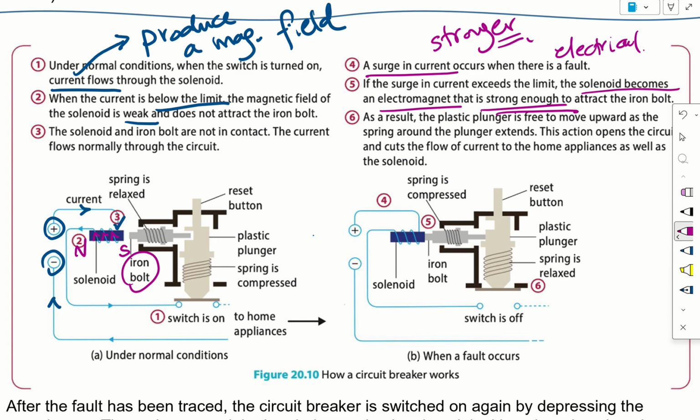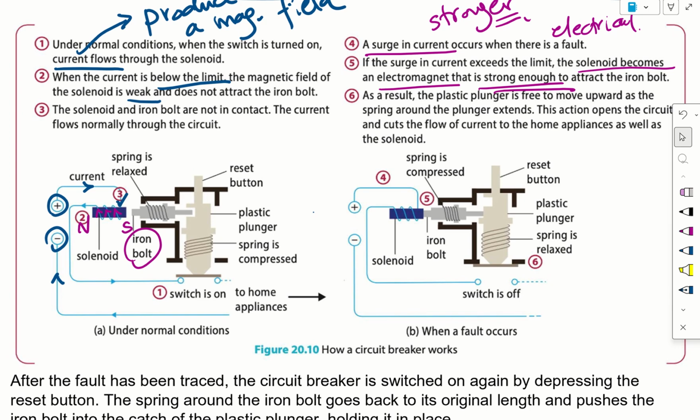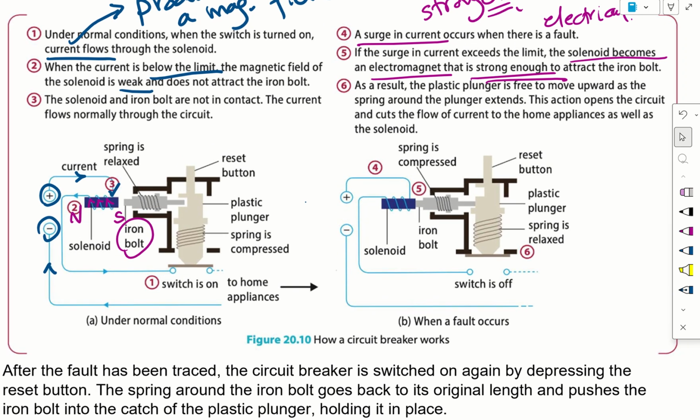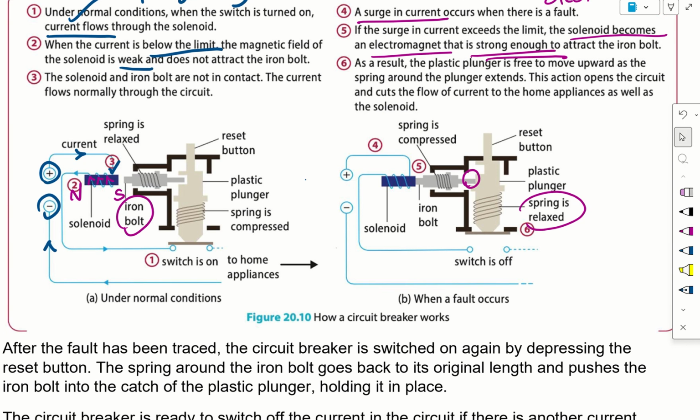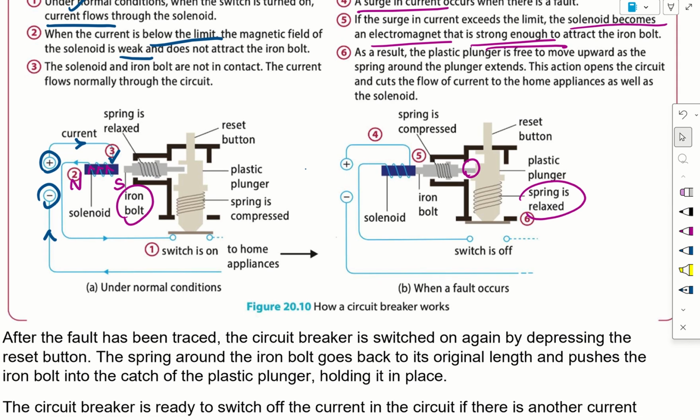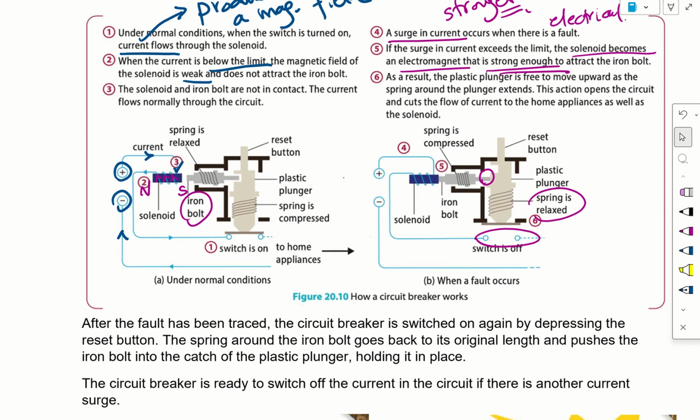Before that, there was already a magnetic field produced, but now because of the increase in current, it will be stronger, and if it's stronger, then it will attract the iron bolt. As a result, the plastic plunger is free to move. And because there's a spring action, this will cause the contact to be turned off. So this is an example of an electromagnet.